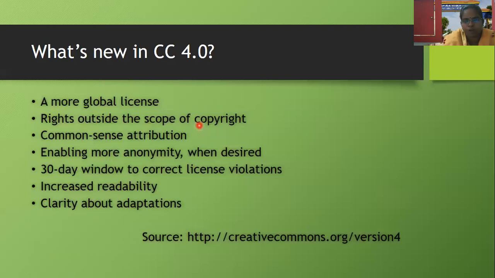It covers rights outside the scope of copyright, and common sense attribution, enabling more anonymity when desired. There is a 30-day window to correct license violations, increased readability, and clarity about adaptations. So these are the new features available in CC 4.0.